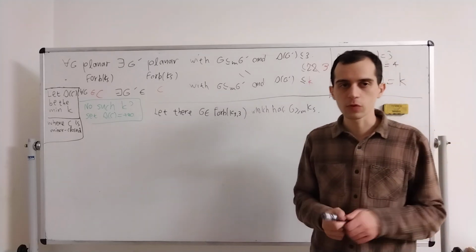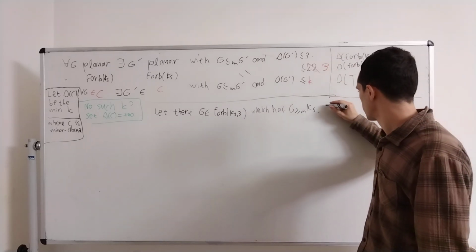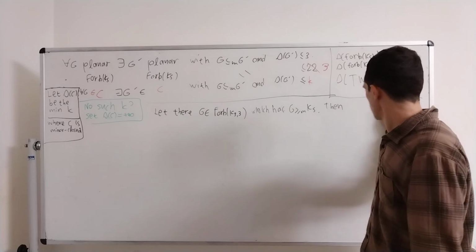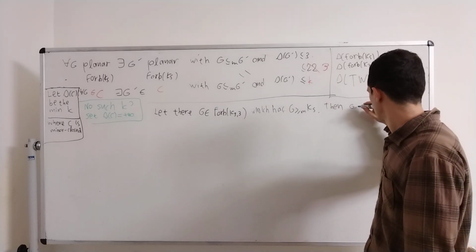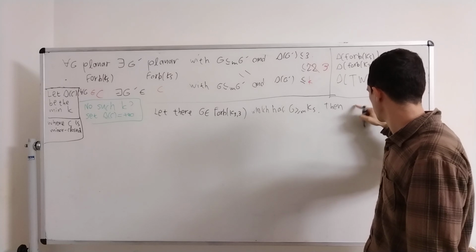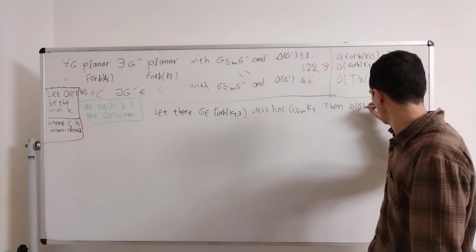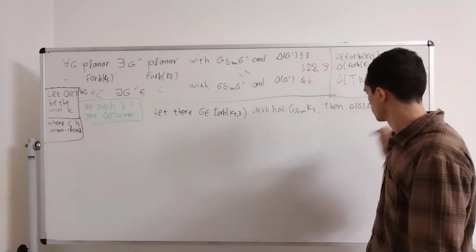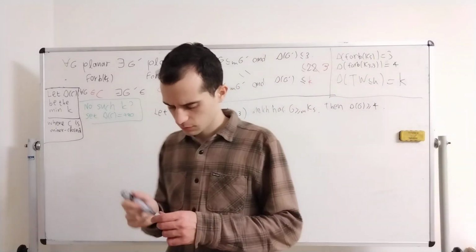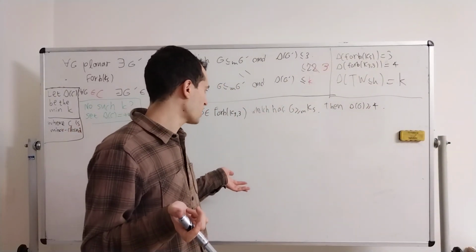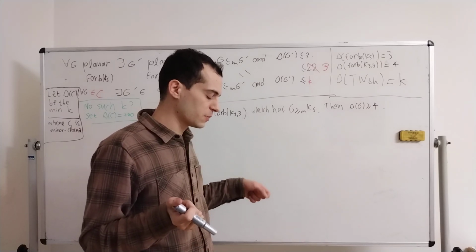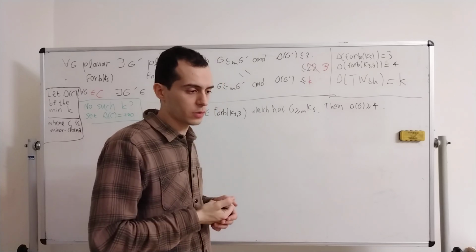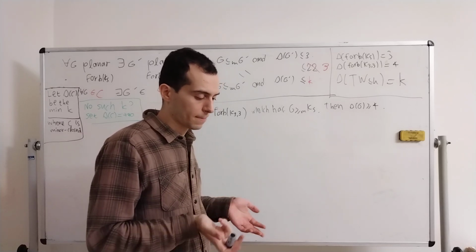So it can be proved that in this case, this graph has maximum degree 4 or higher. And then we ask ourselves, can we find another graph G prime that includes it as a minor and has maximum degree 3?